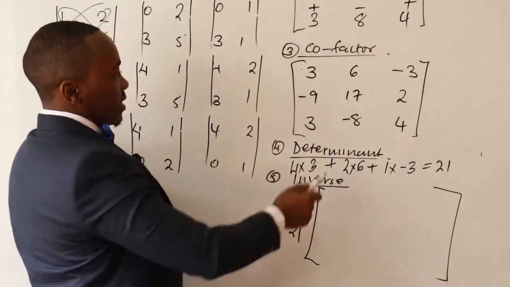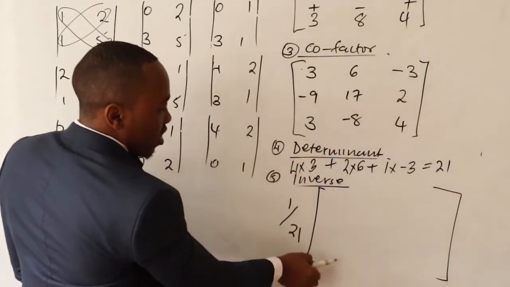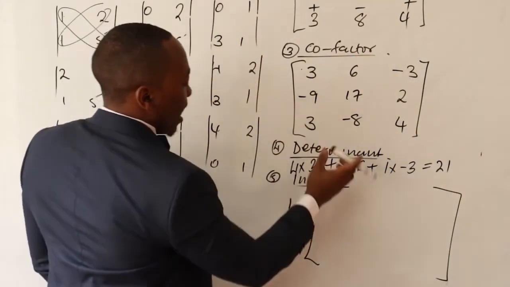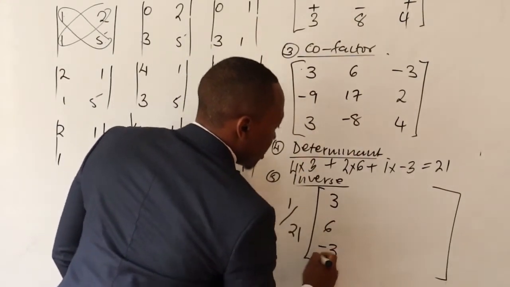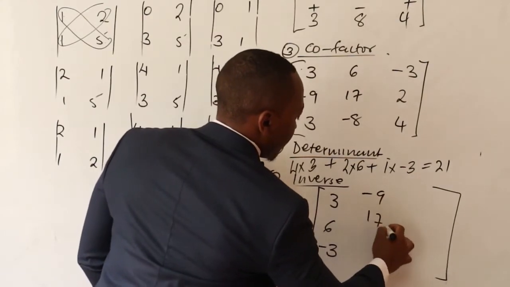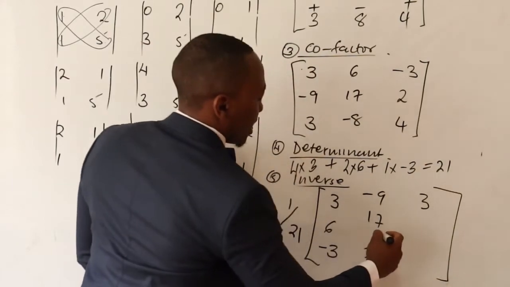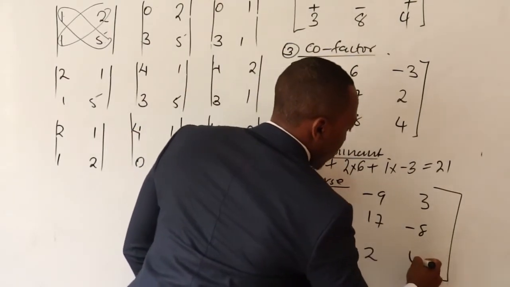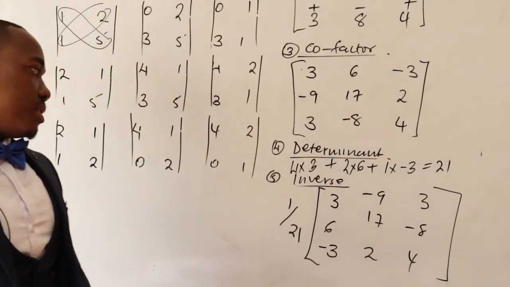So that means, for example, in the cofactor, the first row will be our first column in this. So we'll have 3, 6, negative 3, negative 9, 17, 2, 3, negative 8, and then you have 4. Like that. As simple as that.